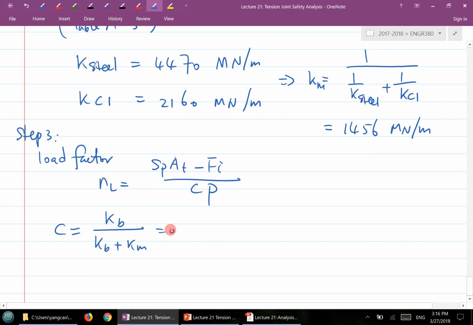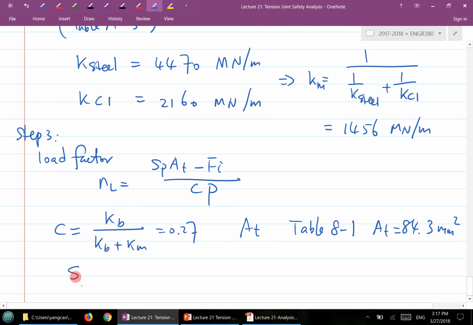That gives us 0.27. And At is the tensile stress area. For this you need to look at table 8-1, which gives us 84.3 millimeters squared.